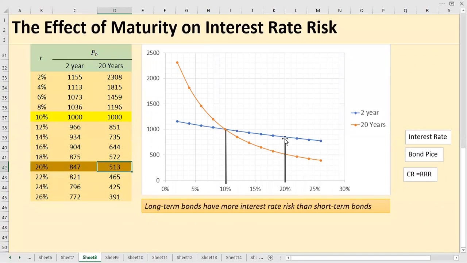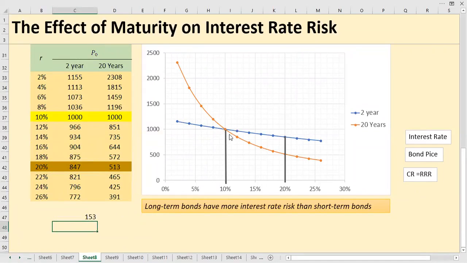If it is only a 2-year bond, it will only decrease fractionally from 1000 to 847. If I calculate the difference, 1000 minus 847, it's only 153.